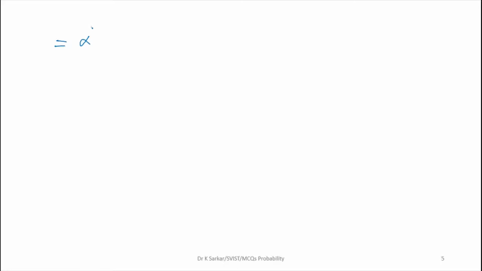So alpha square, sum i equals 0 to infinity e power minus alpha, alpha power i minus 2 divided by factorial i minus 2.